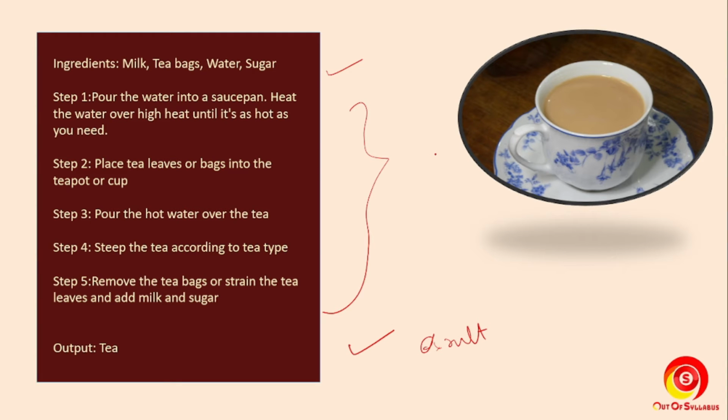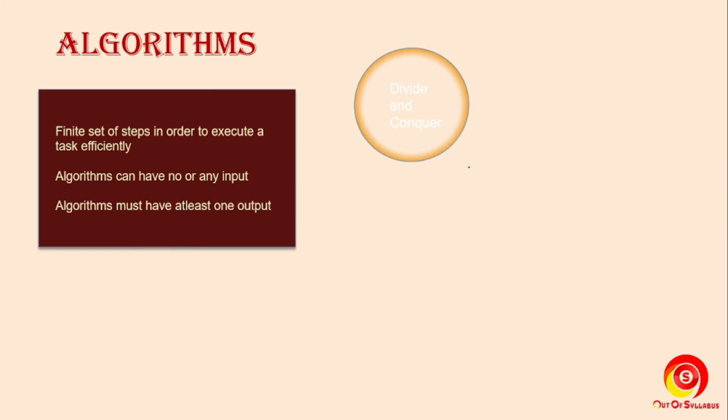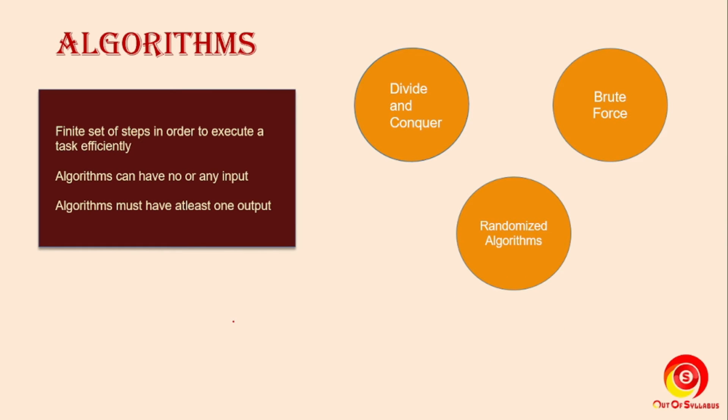Likewise, when you relate it with technology, this can be termed as an algorithm. An algorithm doesn't need to have a particular programming language. No, it is independent of a programming language.